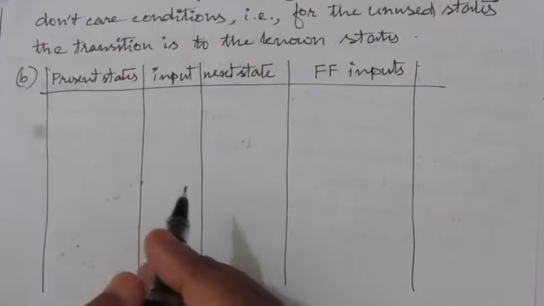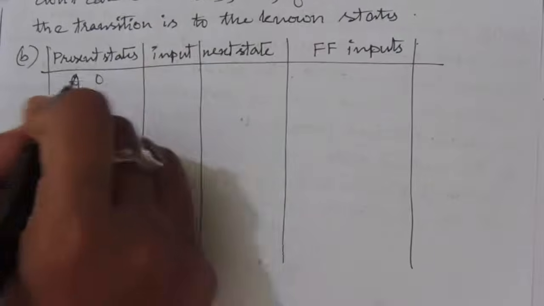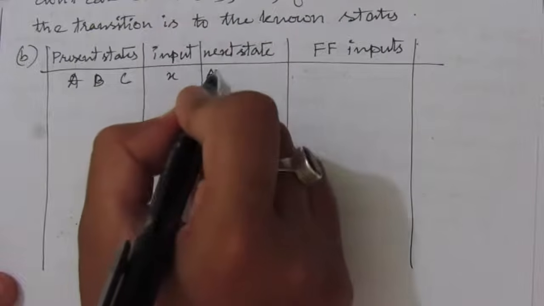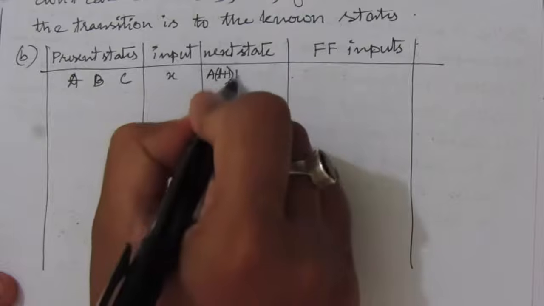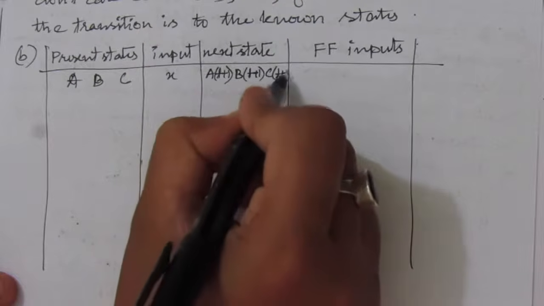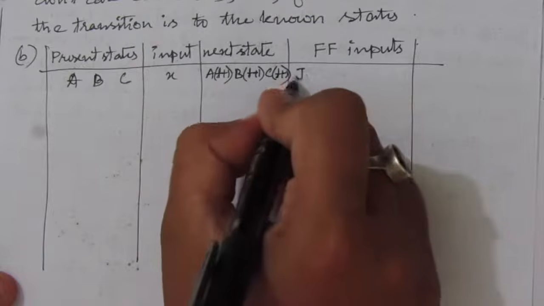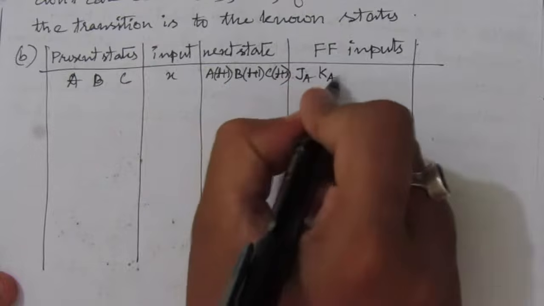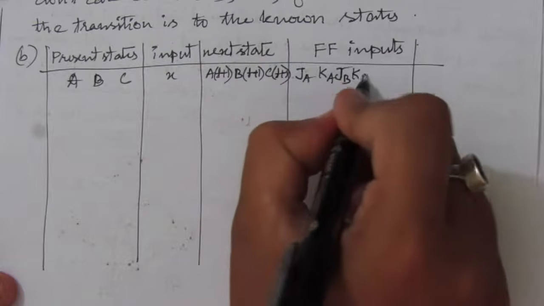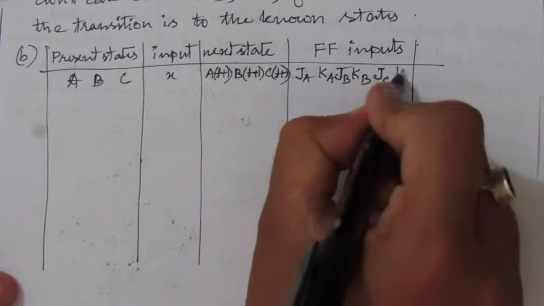Let me write down A, B, C, X, A(t+1), B(t+1), C(t+1), and the flip-flop inputs JA, KA, JB, KB, JC, KC.